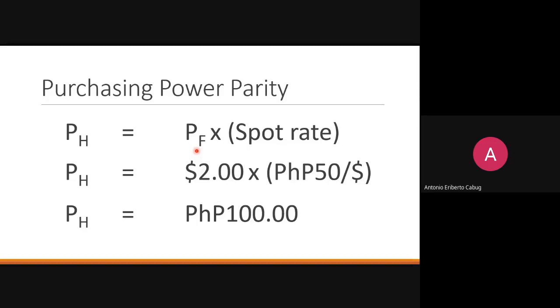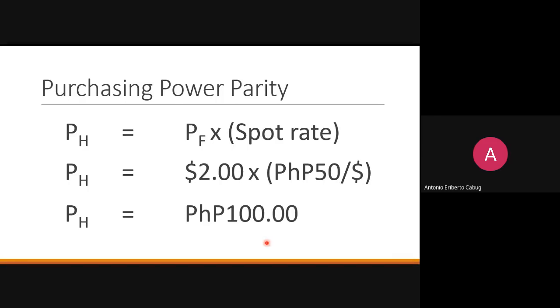Do you think the purchasing power parity is accurate? Yes or no? Anyone?